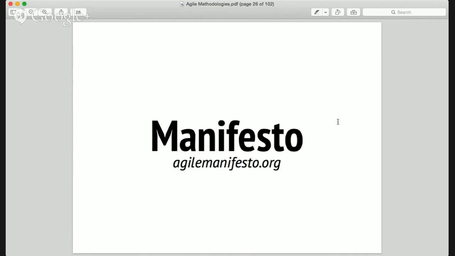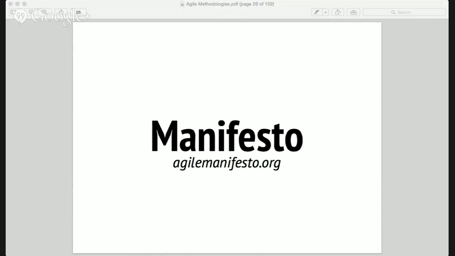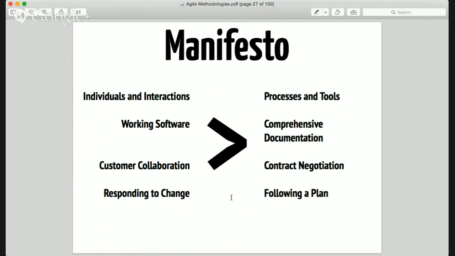So if you go to agilemanifesto.org, you'll see the original manifesto. It's really short. It just basically says this important thing over here in the middle, which I'm going to show you on the next slide. In the traditional software model of development, the 4 things on the left are crucial. Meaning that we want to make sure that we have good documentation of what should be delivered.